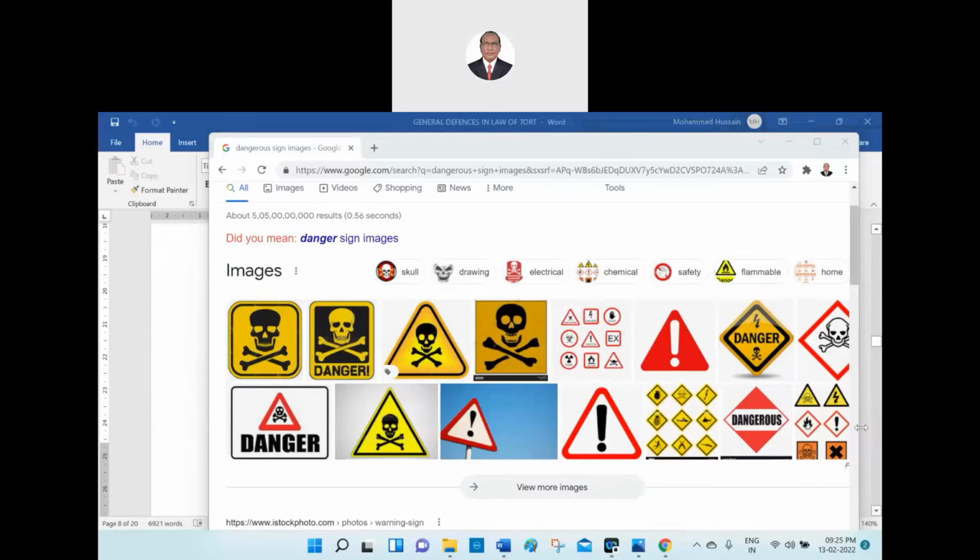And another danger sign is also there. Of course, these are different, but danger generally you will write in this way. So, in English, how do you say danger? Danger sign. One skull below two crossed bones. That is the way to say danger.